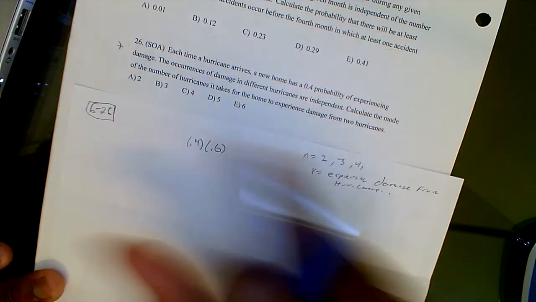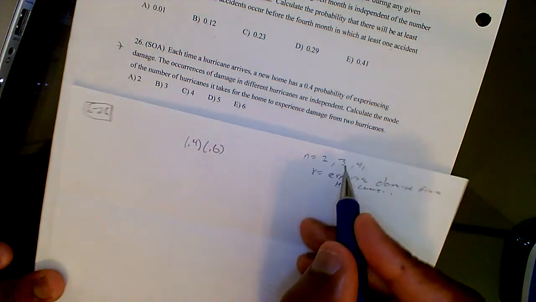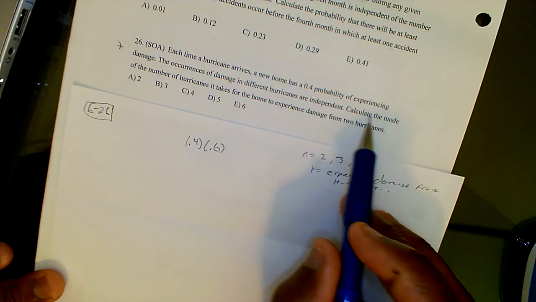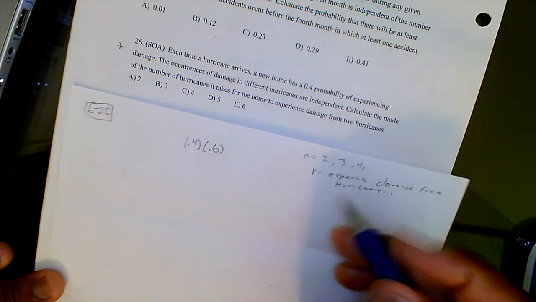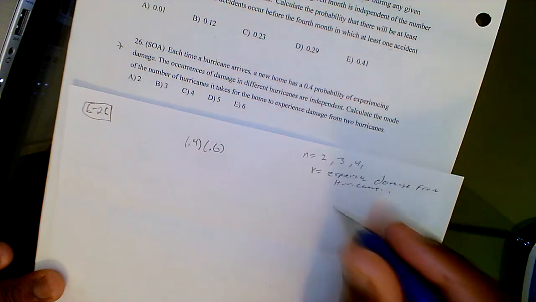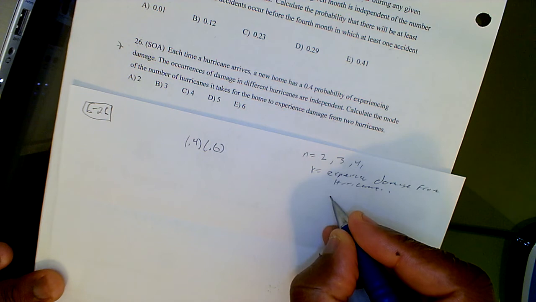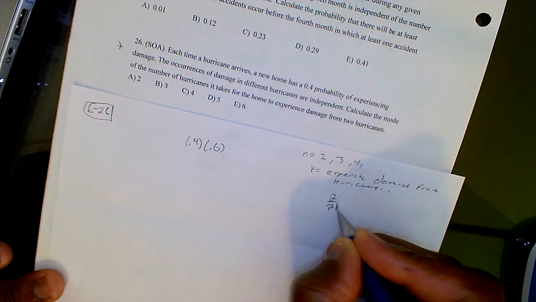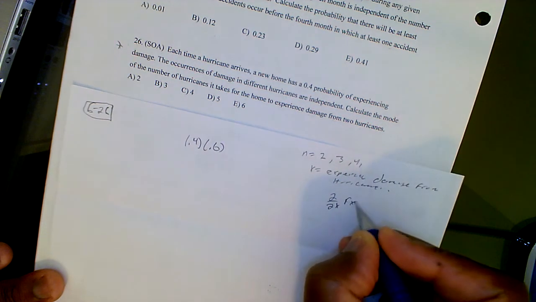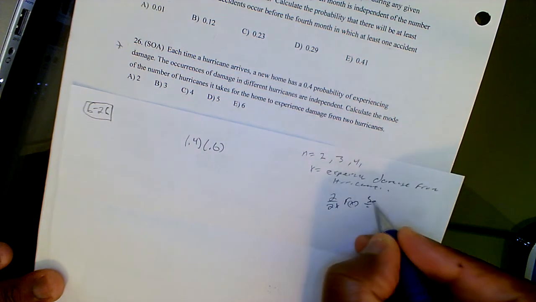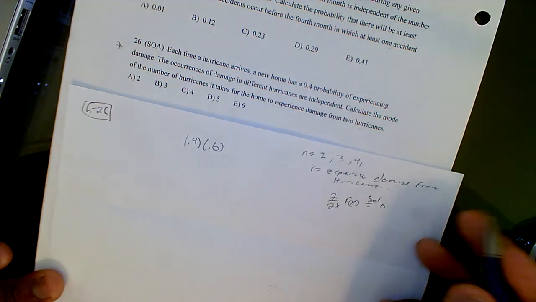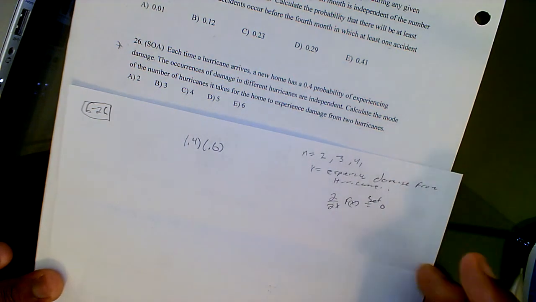Because n is greater than 2, what it's asking us is to find the mode. Typically, if we had a continuous random variable, we would take the derivative of the PDF, set it to 0, and solve for x, and that would tell us exactly what the mode is.